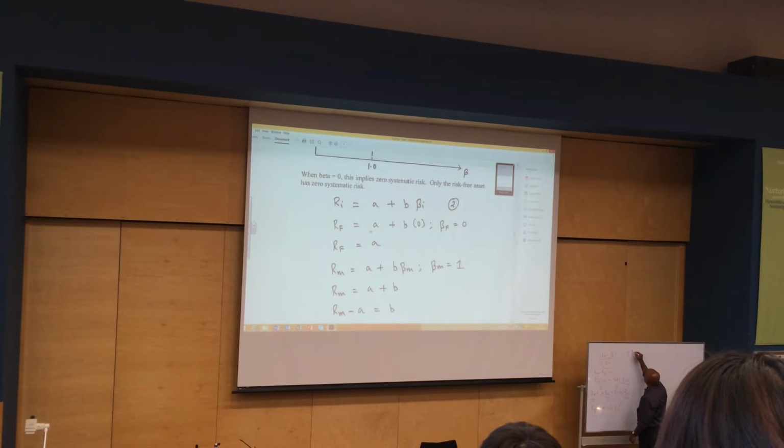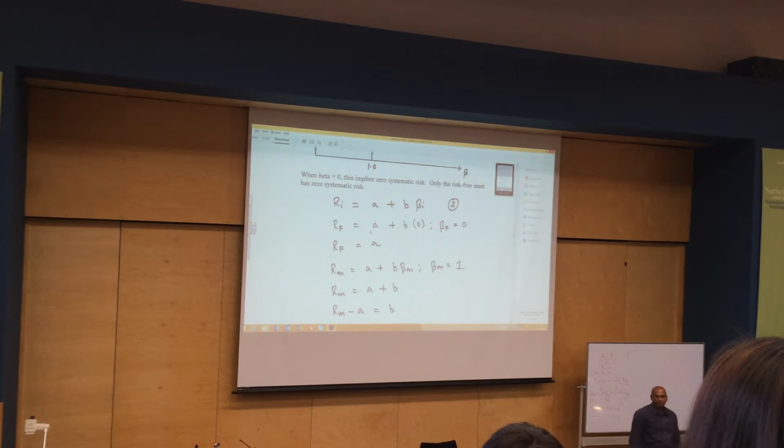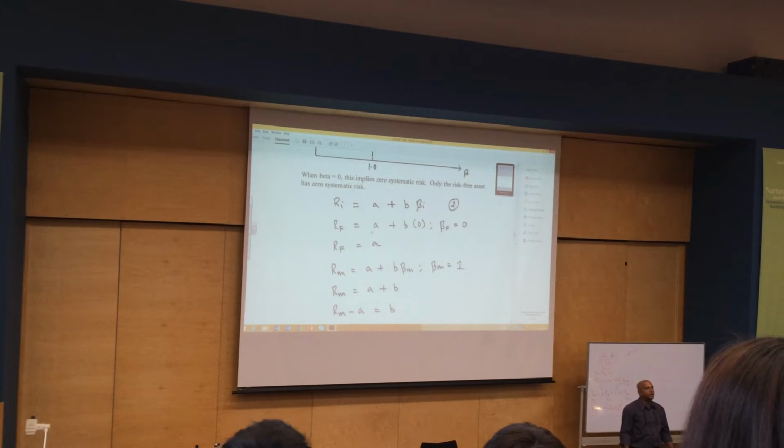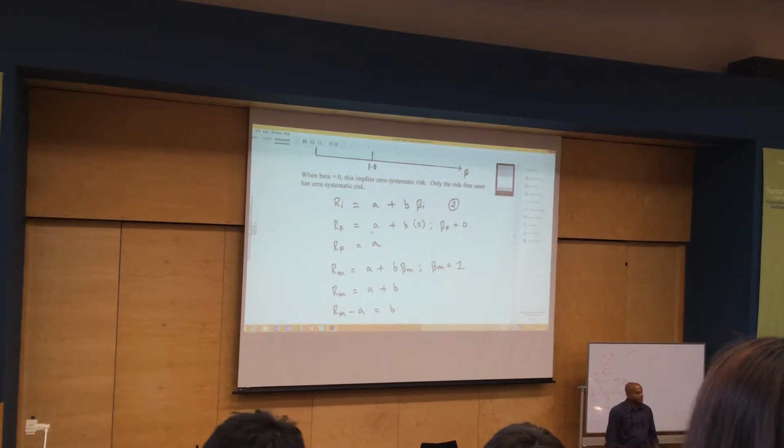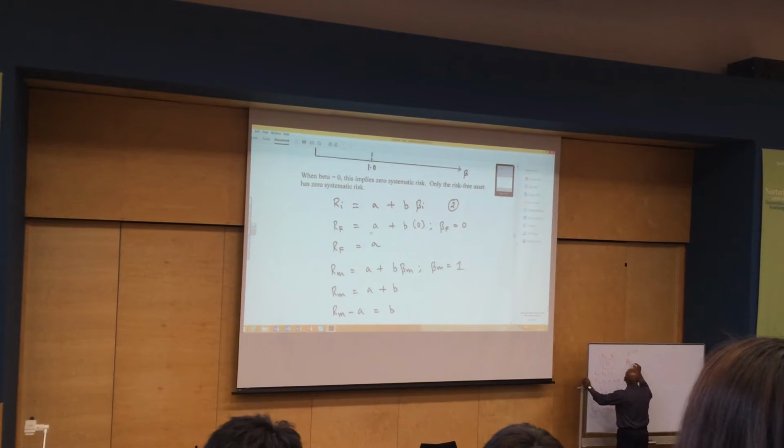If beta is equal to 0, what does that mean? Zero systematic risk, right? Which asset has zero systematic risk? The risk-free asset. So for the risk-free asset, beta of F is equal to 0.